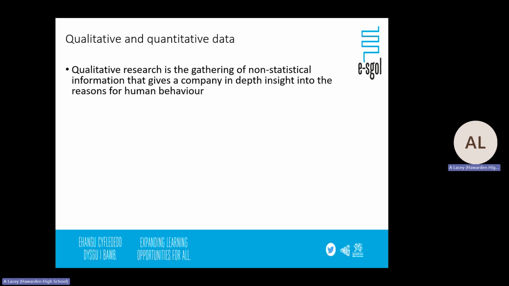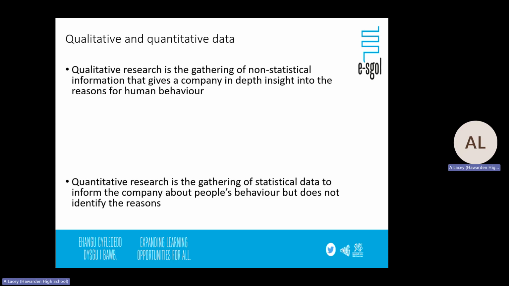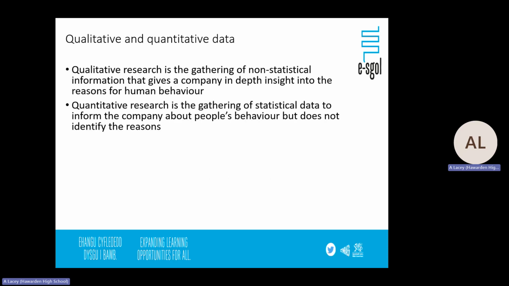Things like interviews and focus groups are very good sources of qualitative information. Quantitative research is gathering statistical data to inform the company about people's behaviour, but it does not identify the reasons. This is where you can quantify it in a chart or graph or percentage. You can say 80% of people think this, 80% of people say this.